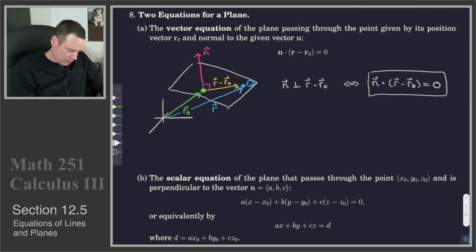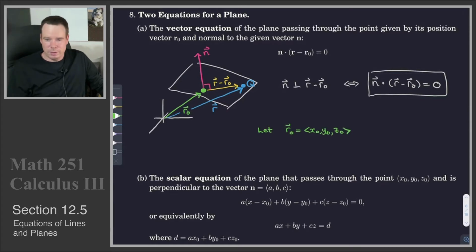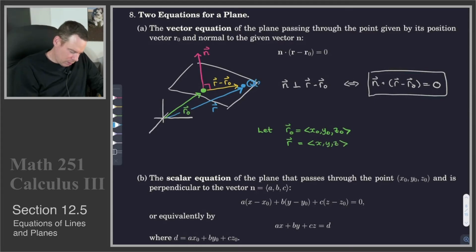So if we let r0 be the vector x0, y0, z0, in other words, x0, y0, z0 is the point on the plane, r be the vector x, y, z, so in other words, the point Q is given by coordinates x, y, z. That's our arbitrary point on our plane.